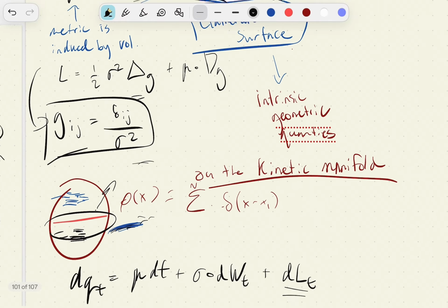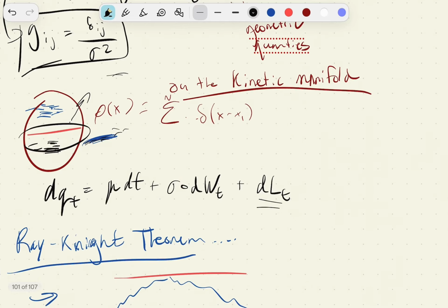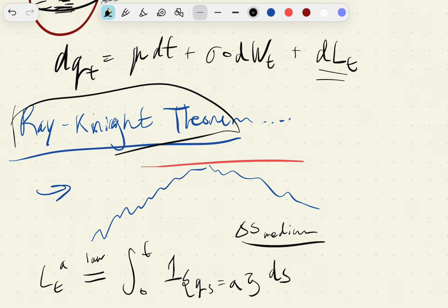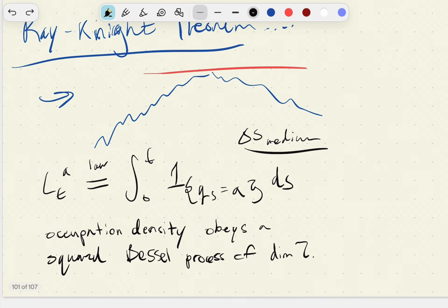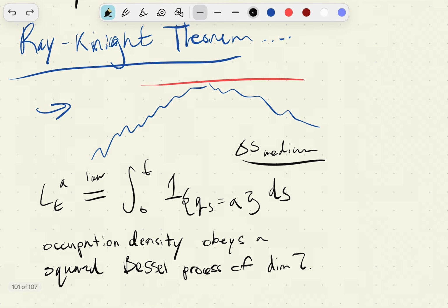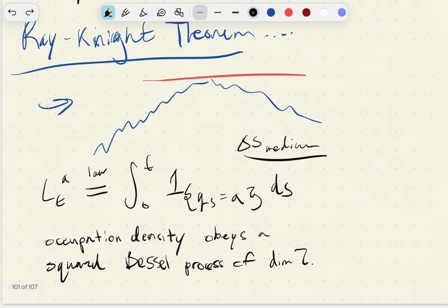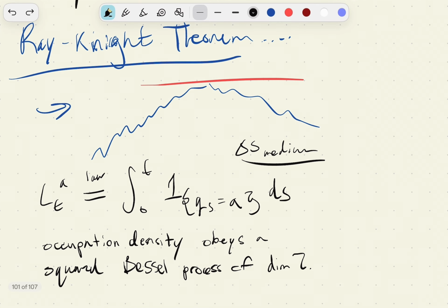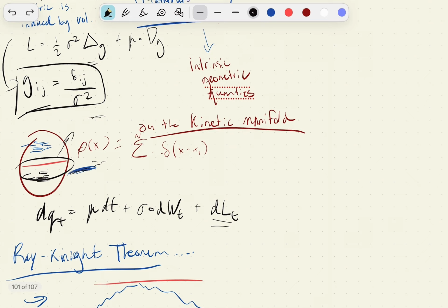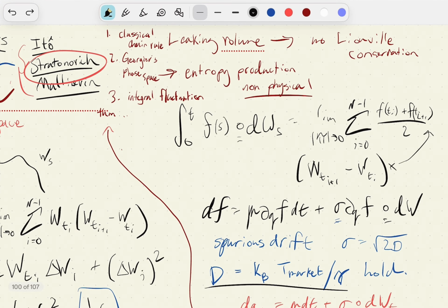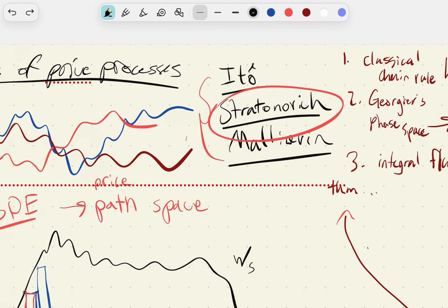And this will reflect the SDE plus local time occupation as well. Local time occupation, you can play around with the Ray-Knight theorem. It gives you a law, essentially, of how long it stays there, and enforces absorbing or reflecting barriers at dense limit order book clusters. So every path now carries a well-defined quadratic variation. Every path has a symplectic volume preserving flow because of Stratonovich.